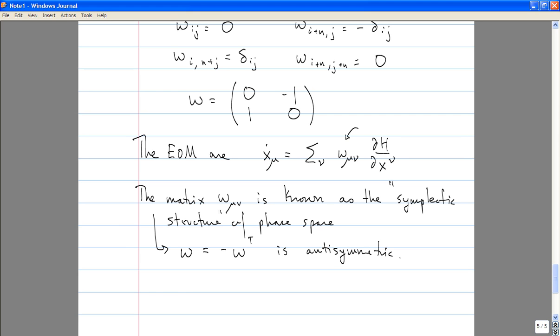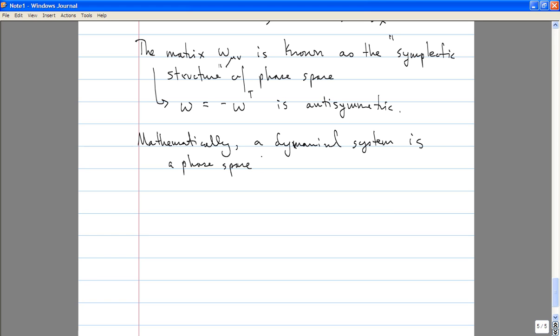So mathematically, a mechanical system or a dynamical system is a phase space which can be described by some coordinates x mu, along with two objects.